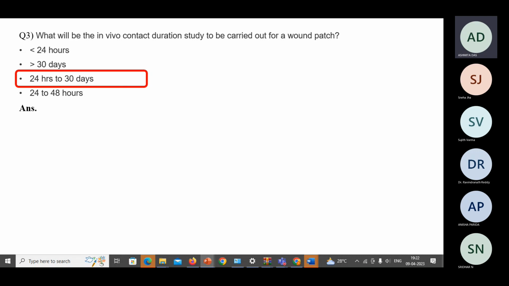Finally, it is completed with connective tissue deposition during tissue remodeling, which takes 3 weeks to 24 months. Based on the study, it is usually performed between 24 hours and 30 days for the in vivo duration for the wound patch.